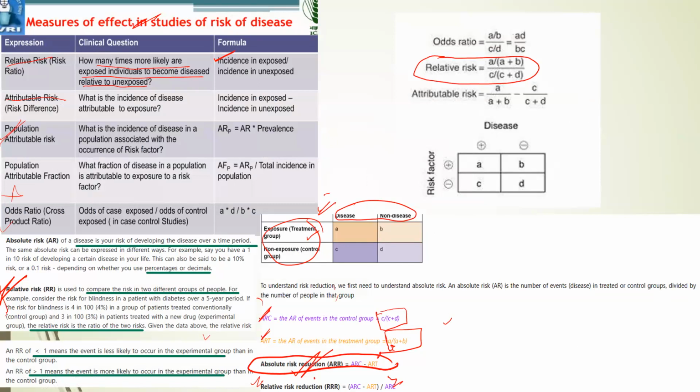Another important point is the interpretation. If the relative risk is less than 1, it means the event or the disease is less likely to occur in the experimental group. If the relative risk is more than 1, it means the event is more likely to occur in the experimental group.